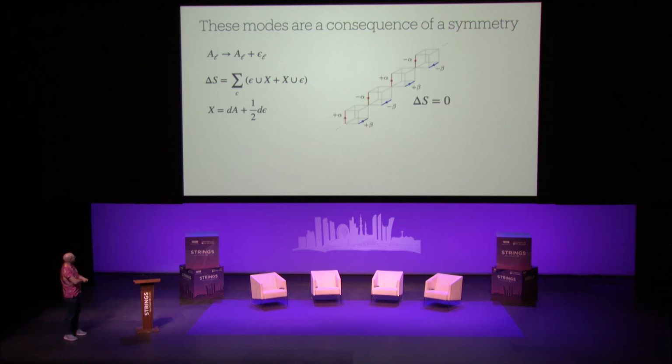And one can convince oneself that you can make this combination vanish, as long as you take epsilon such that, for example, x is some combination of a and epsilon, doesn't matter what it is, but as long as I take epsilon to be alpha on one link, and then I take it to be minus alpha on a link which is translated diagonally. And then I take it to be plus alpha and minus alpha and so on, okay?